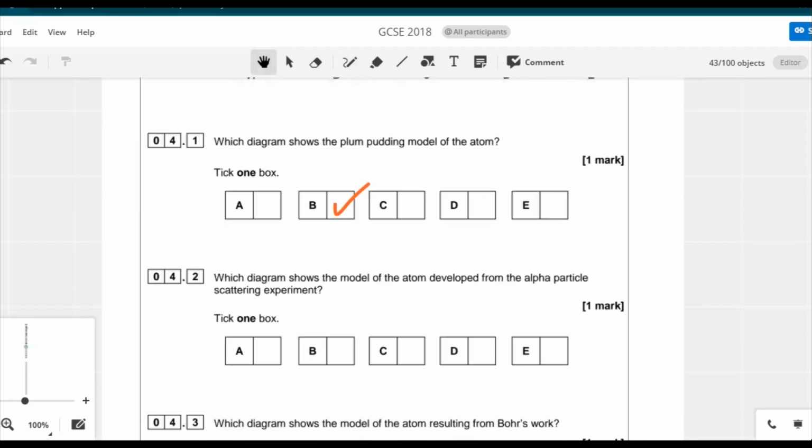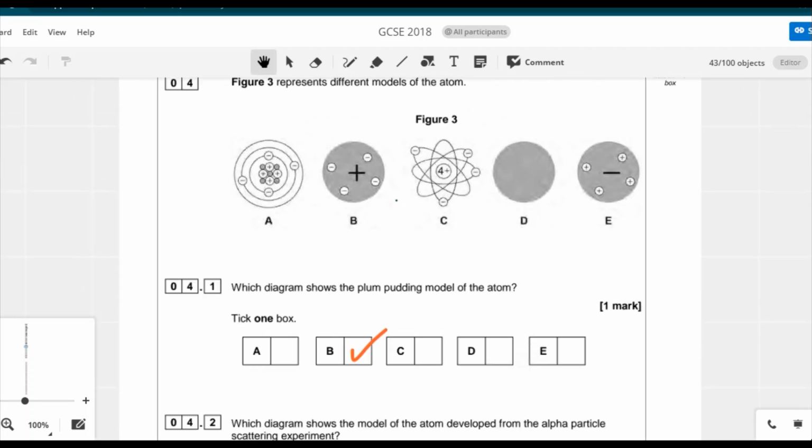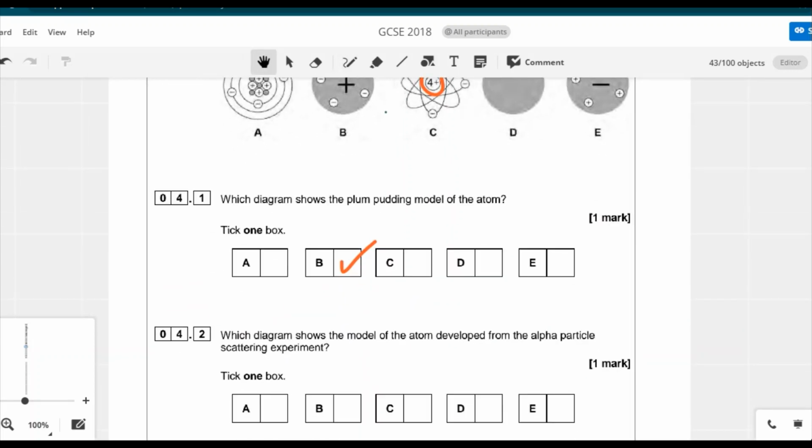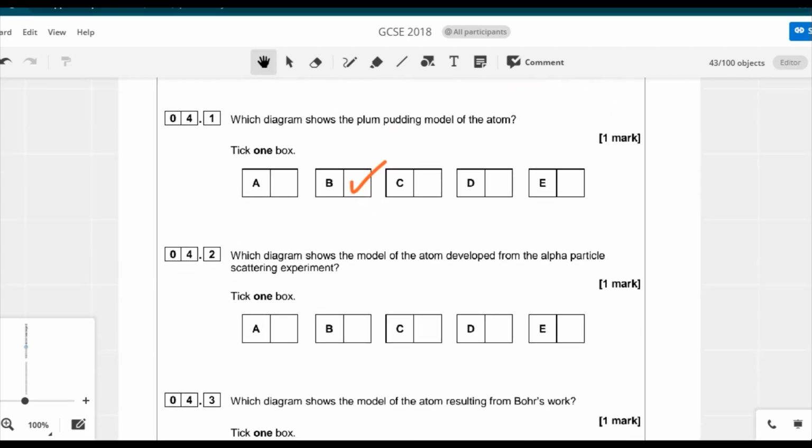Okay, next question: which diagram shows the model of the atom developed from the alpha particle scattering experiment? From the alpha particle scattering experiment, there is the indication of a positive charge, which is for the alpha particles.